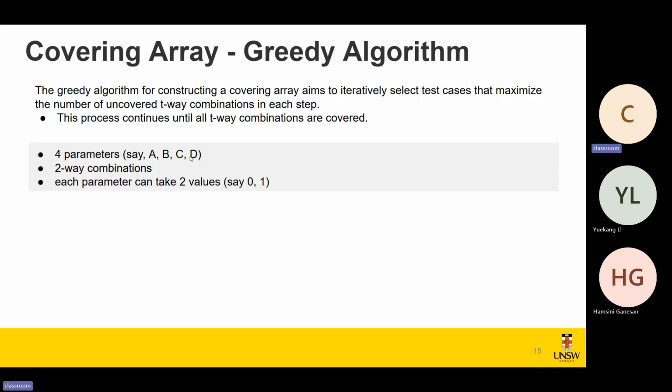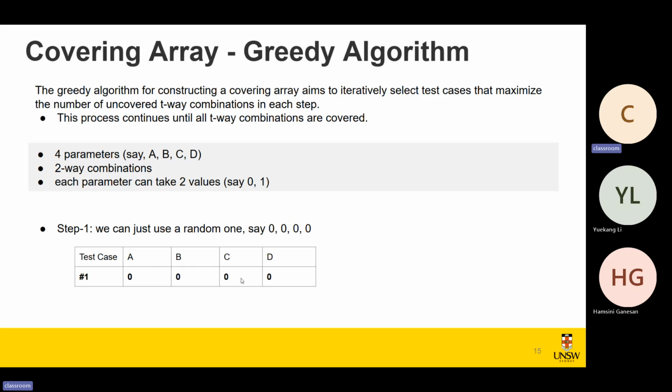Let's reuse the example we used just now. Let's assume that we have 4 parameters A, B, C, and D, and we are trying to do two-way combinations, and each value can take 0 and 1. The first step is we can just start from a random test case. Let's say that we are trying to use the test case of all zeros.